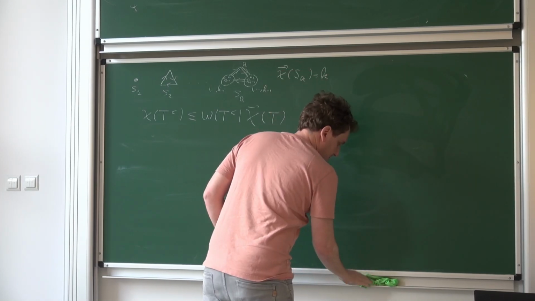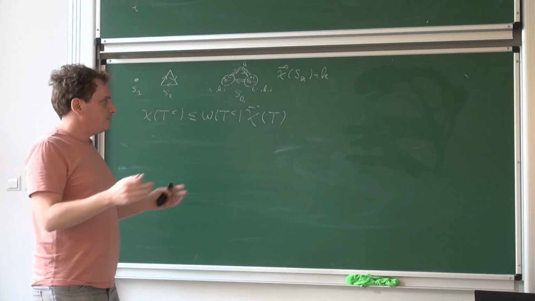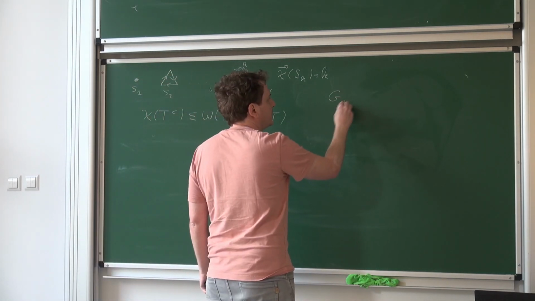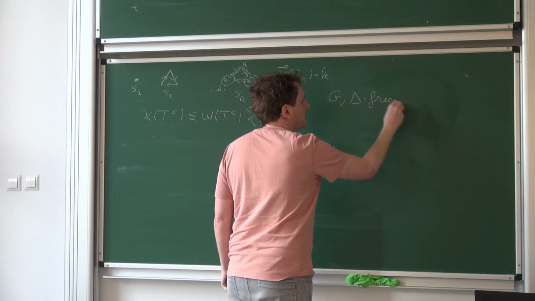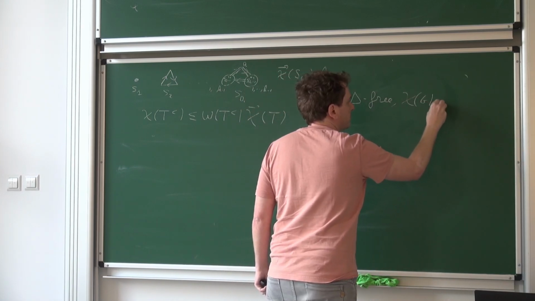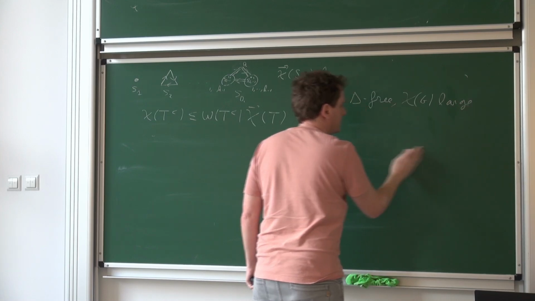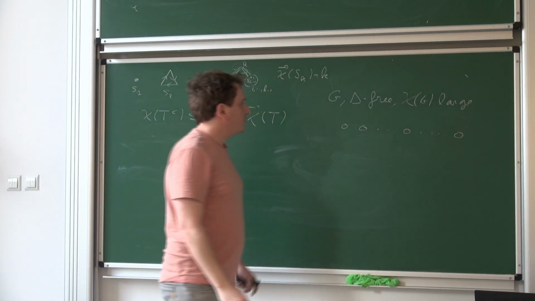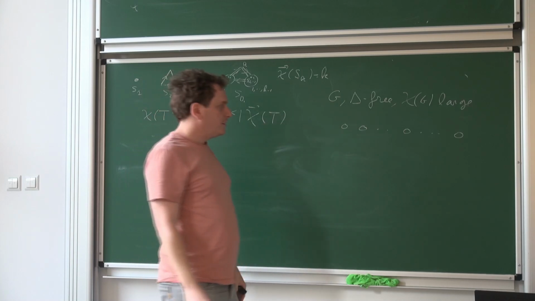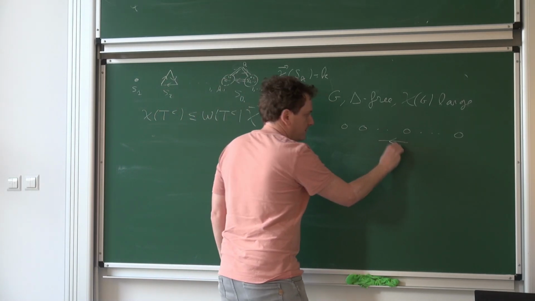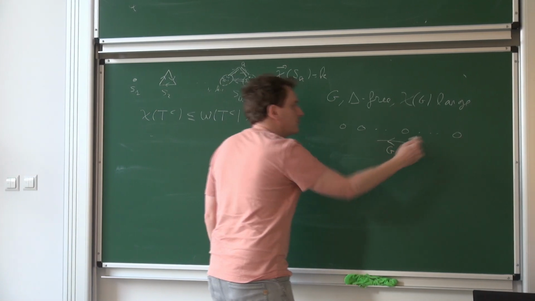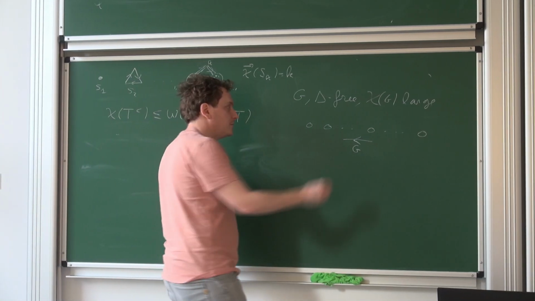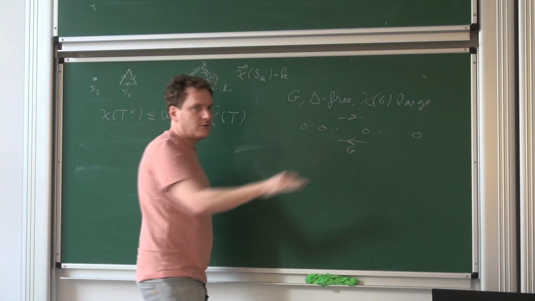Because there is a natural way to build a tournament from an undirected graph. Let's say, take a graph G that is triangle-free, and chi of G is large. Then put any ordering on the vertices of G, and we're going to make a tournament out of G. The edges of G, orient them backward, and the non-edges, because I want to build a tournament, add an arc that goes forward.